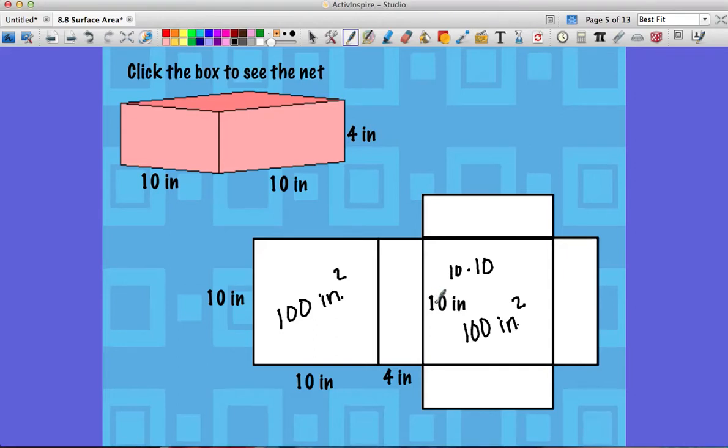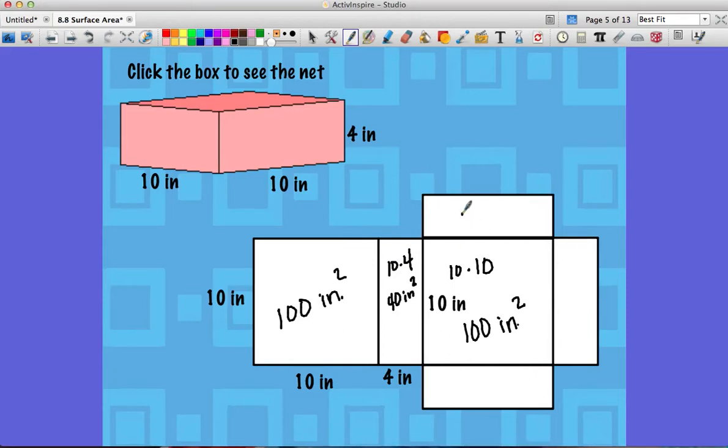Now here you have a side of a rectangle that's 10 inches by 4 inches. So you would do the area formula, length times width or base times height, and you would get 40 inches squared. Each of these is going to be 4 inches tall because when you fold them up, it's like a box. You want your box to be the same height all the way around.